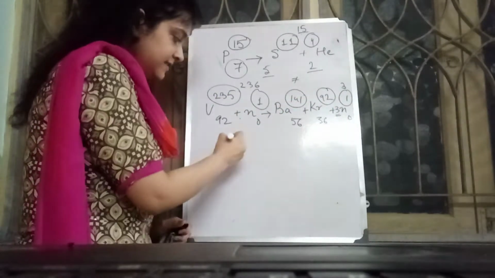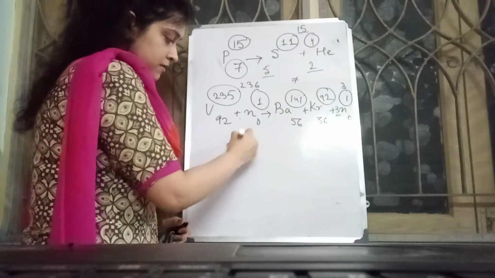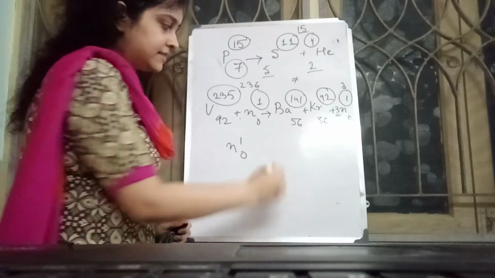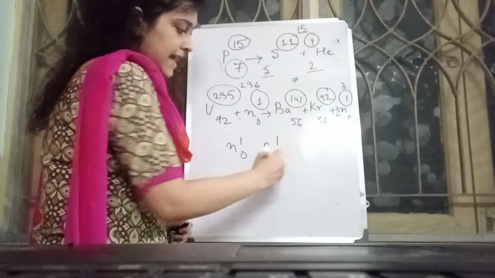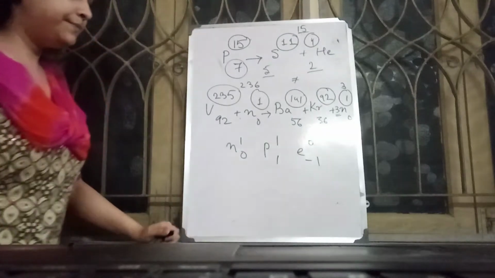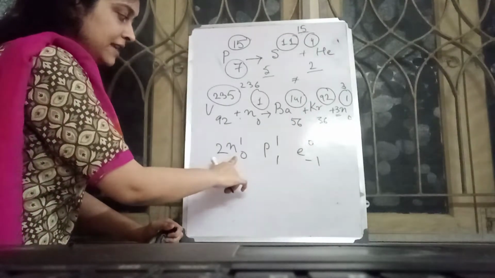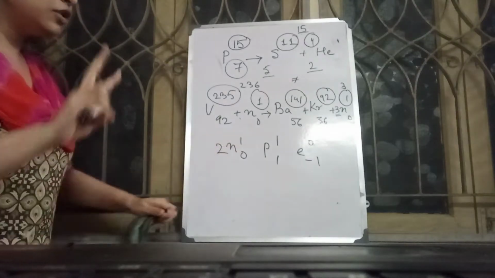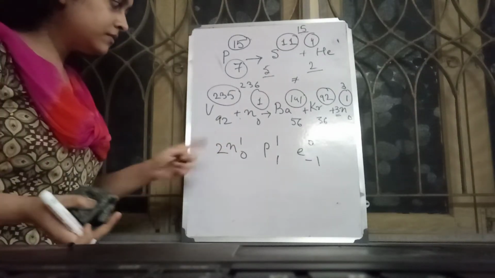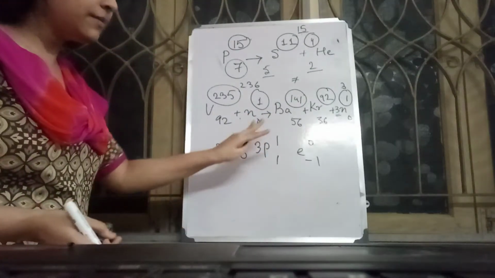I hope you know this. How do we represent neutron? We represent neutron like this, proton like this, electron like this. So 2 neutrons means the total mass number is 2. 3 protons means the total mass number is 3.